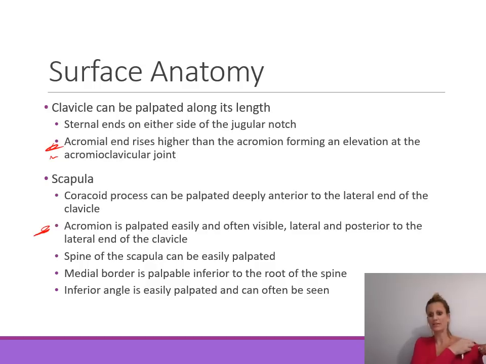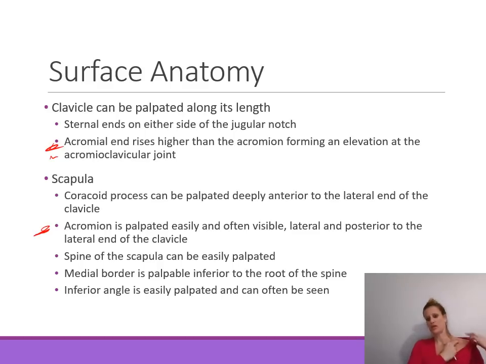The acromion is the lateralmost protrusion in the shoulder. So if you palpate the lateral edge of the shoulder here, the bony protrusion, that's the acromion. In a second, we'll look at the spine of the scapula, but if you just follow the acromion around back, you'll feel a ridge that extends in towards the center of the back. That's the spine of the scapula.